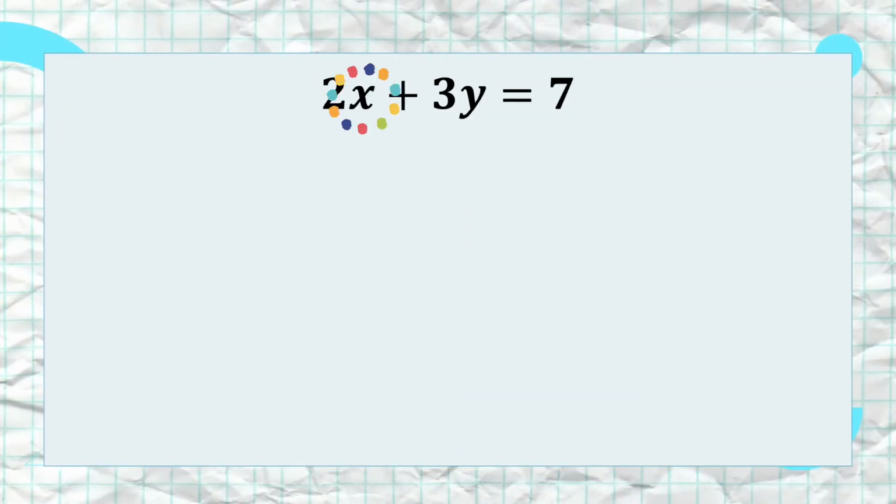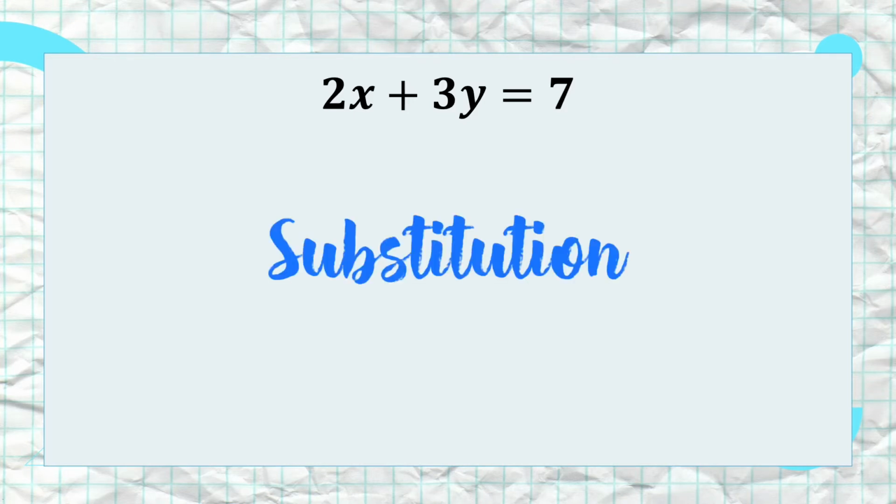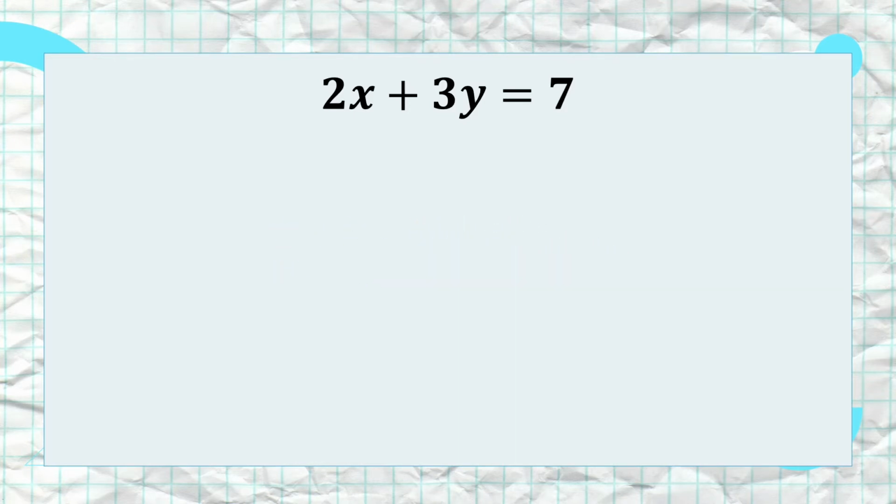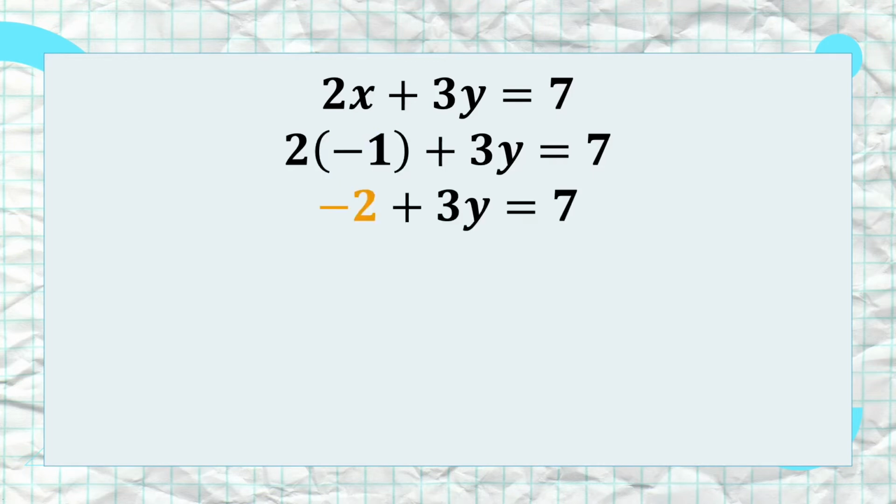-1 will replace x in the equation 2x plus 3y equals 7. Again, it's a process we call substitution. The equation will now become 2 times -1 plus 3y equals 7. 2 times -1 is equal to -2.